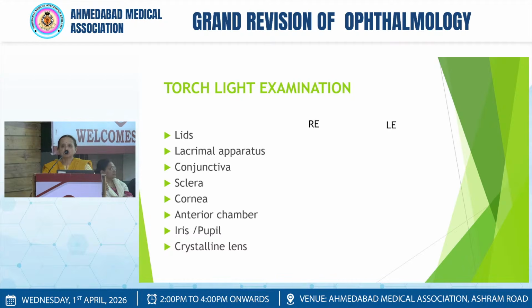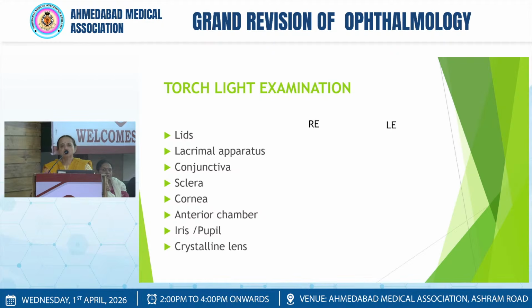Then examination of the conjunctiva, sclera, cornea, anterior chamber, that is the space between the cornea and the iris. Examination of the iris, the pupillary reaction to light, very important. And behind the iris you have the crystalline lens, which needs a dilated pupil for thorough examination. So on torchlight examination, you can view only the anterior segment of the eye till the crystalline lens.